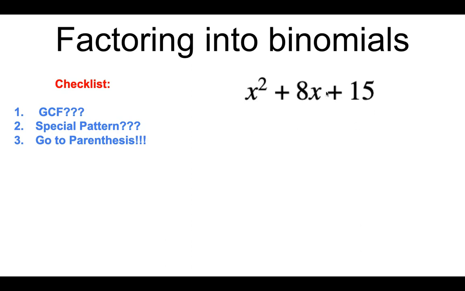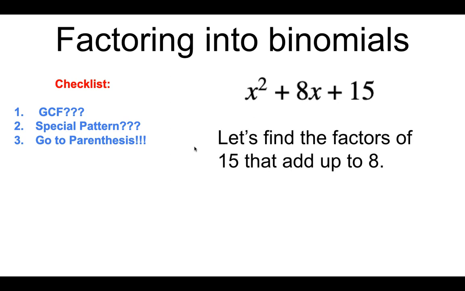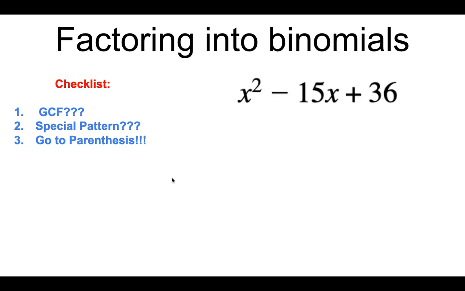And this is what you were doing. You were finding the factors of this number that add up to this guy. And that's what we do here. I hope everyone is thinking the factors of 15 that add up to 8 would be 5 and 3. Well, you did it. That's what this would result in. X plus 5, there's your 5. X plus 3, there's your 3. If you FOIL this out, you would get this trinomial. Pretty cool.